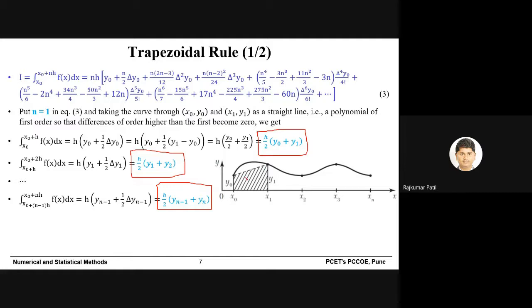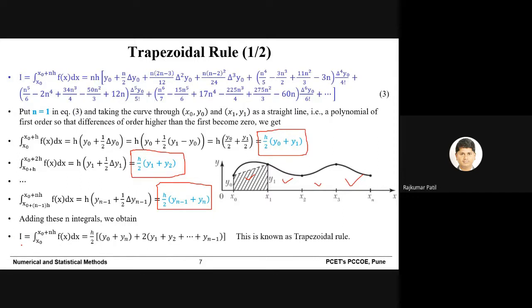When you add these areas, ultimately we get the area under the curve, and the final equation is h by 2 into bracket y0 plus yn plus 2 into y1 plus y2 up to yn minus 1. So this is how we derive the trapezoidal rule.